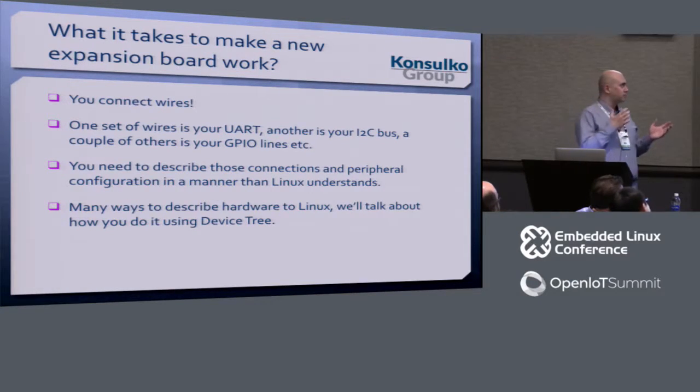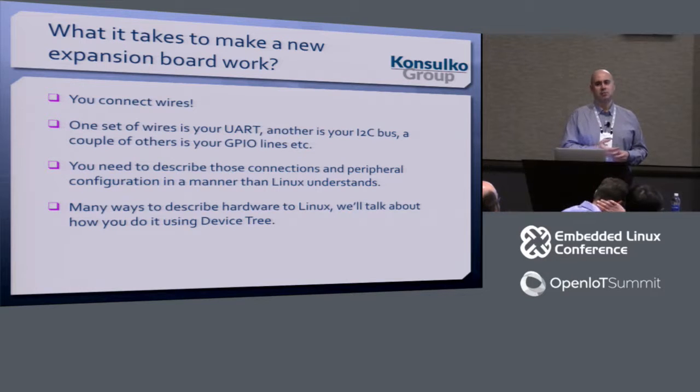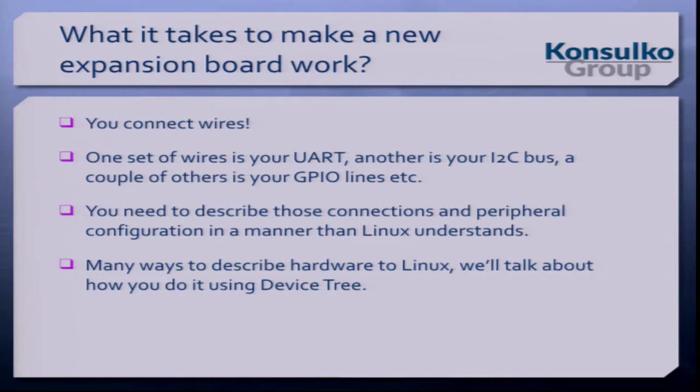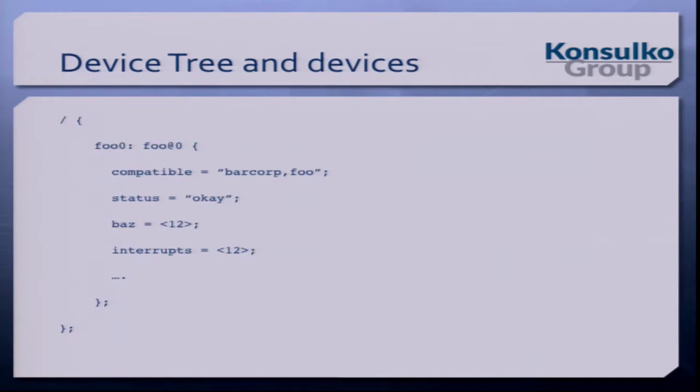But you have to find a way to describe those connections and the peripheral configuration for Linux to work. And while there are many ways to do that, we're going to talk about how to do that using device tree. In theory, you can do that with ACPI, or you can do it with platform C files, but this is how you do it.